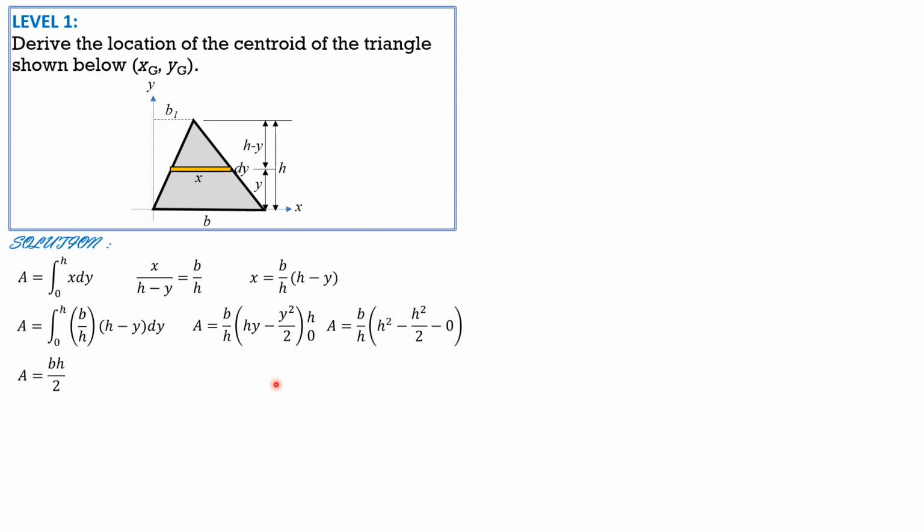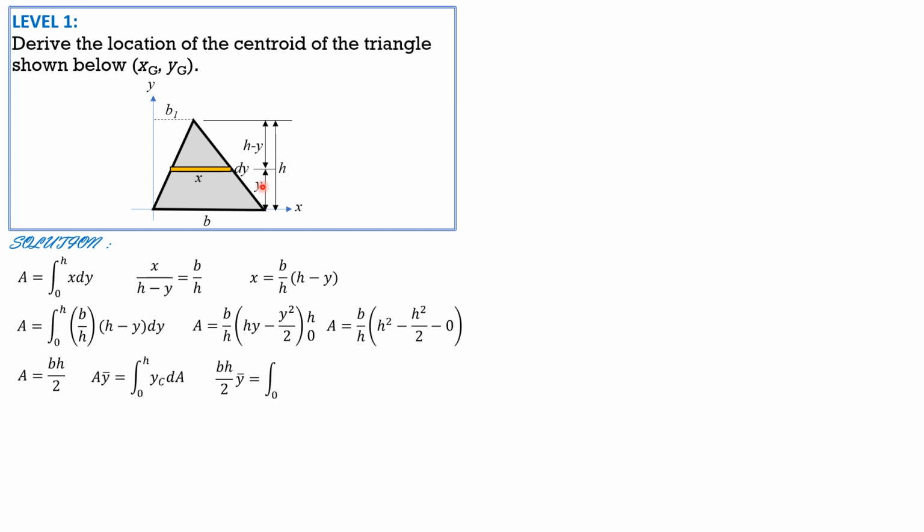Then area times y bar equals the integral from 0 to h of y sub c dA, where y sub c is just y because every element of the horizontal strip is equidistant from the x-axis. Be it the left, the center, or the right, the distance is constant at y.